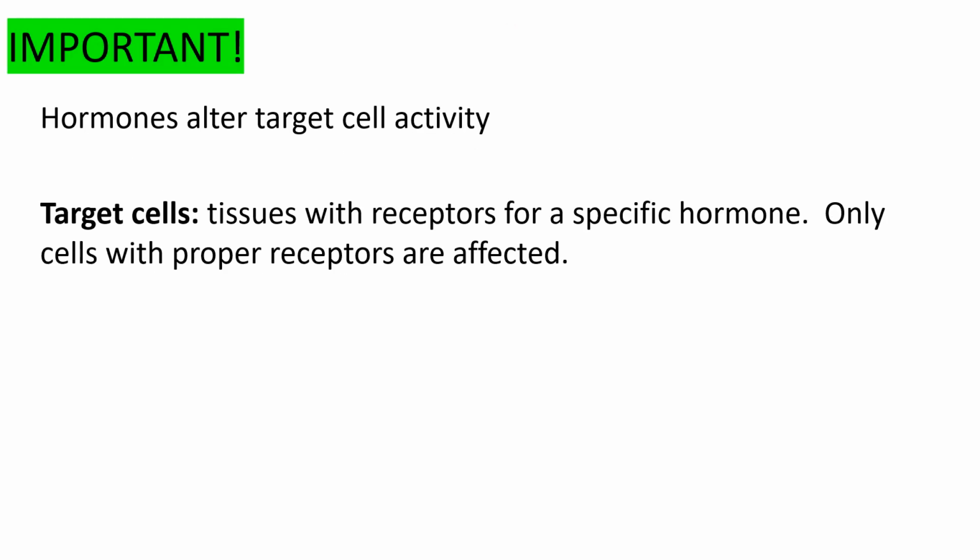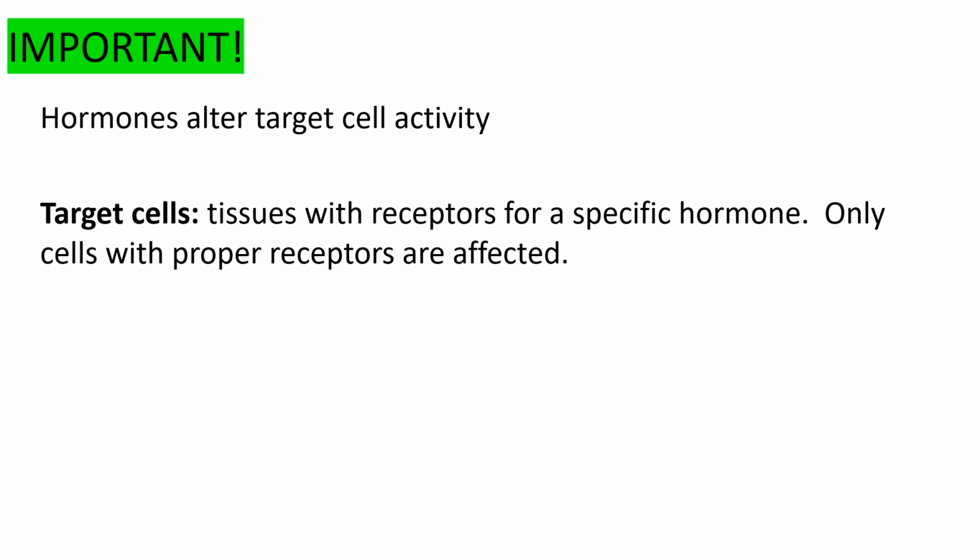All right, so the principal activity of hormones is going to be to alter the target cell activity, whether that is turning on or off transcription of a particular gene, or influencing or inhibiting the activities of a particular enzyme. Whatever case it may be, the main goal is to alter the target cell's activity, okay?